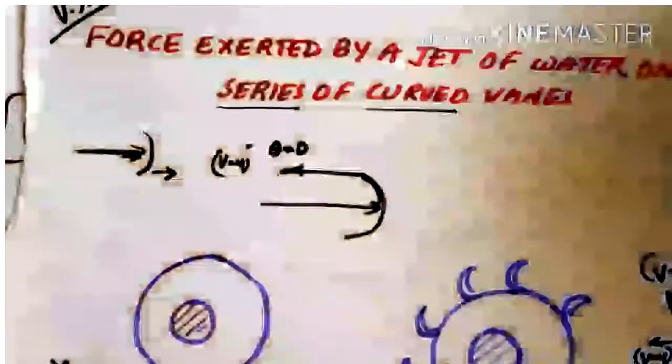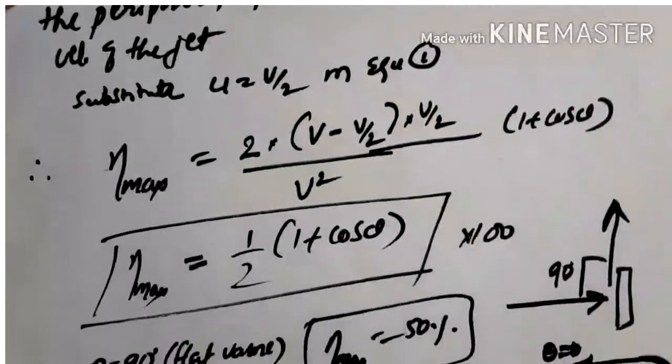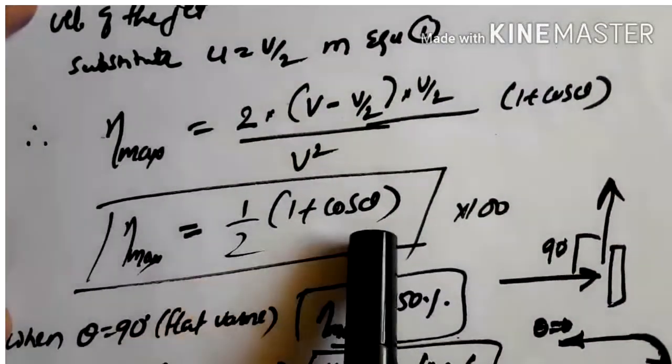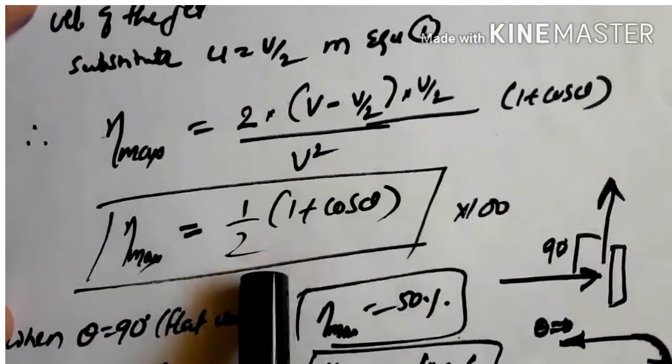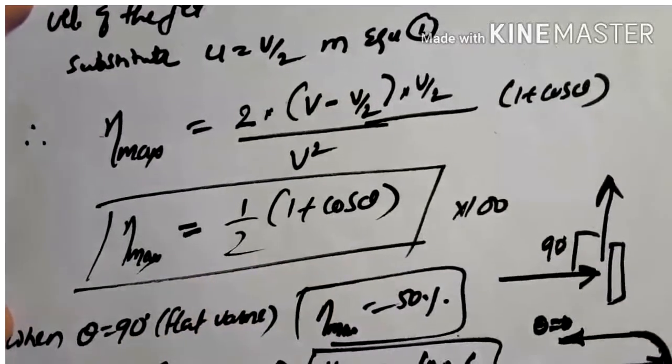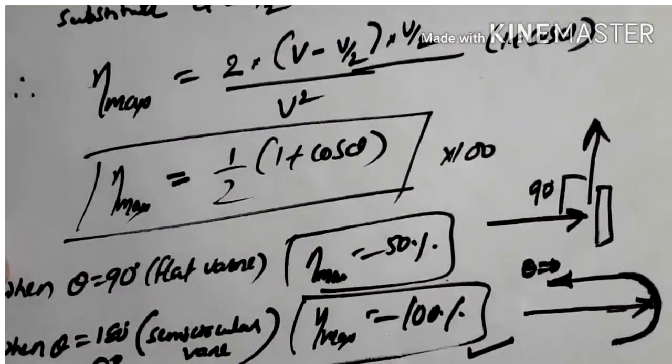Okay, that's the same as we have derived here: 1 by 2 (1 plus cos theta). So (1 plus cos theta) by 2 into 100 is the efficiency. So this derivation is very important.